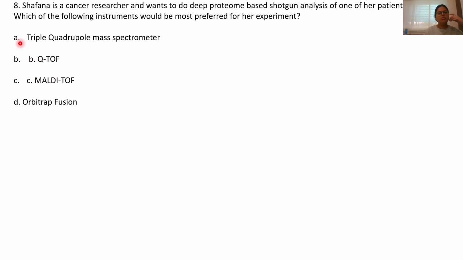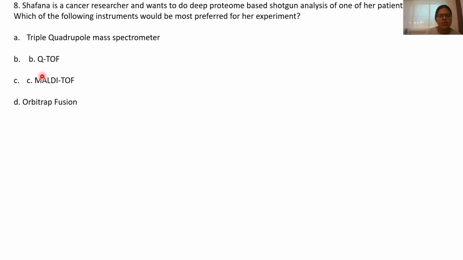So coming to the next question. Shapana is a cancer researcher and wants to do deep proteome-based shotgun analysis of one of her patient samples. Which of the following instruments would be most preferred for her experiment? Triple quadrupole mass spectrometer, QTOF, MALDI-TOF, and Orbitrap Fusion.